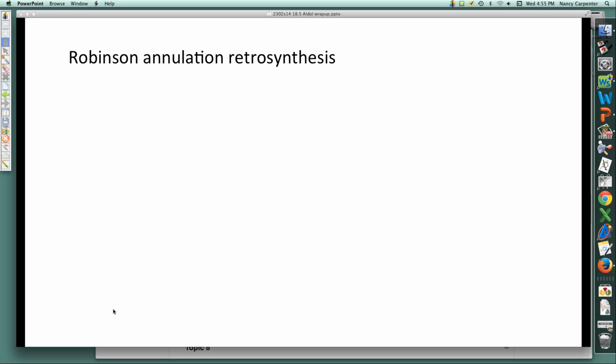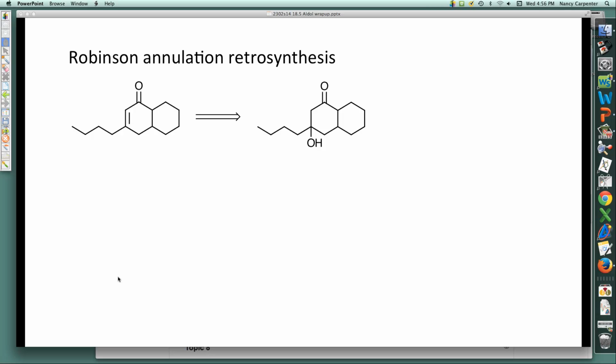What's really cool is that some people are brilliant enough to be able to look at a product that has a cyclohexenone in it, like this guy, and figure out how to make it using the Robinson annulation. So, how could we make this using this chemistry? Well, it's not as hard as it seems.